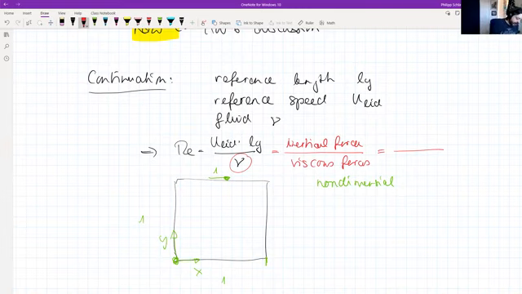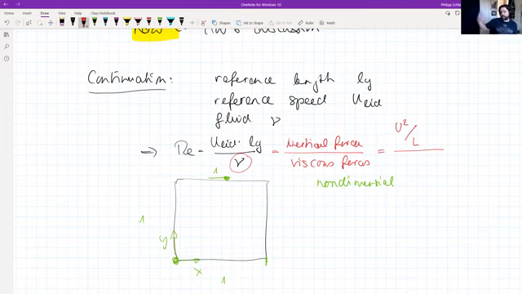If you do that, you will see that the inertial forces, essentially coming from the nonlinear term, which is u times du dx, essentially is u squared divided by a length scale. U times du dx gives you u squared divided by L in terms of dimensions. So that would be the inertial part.